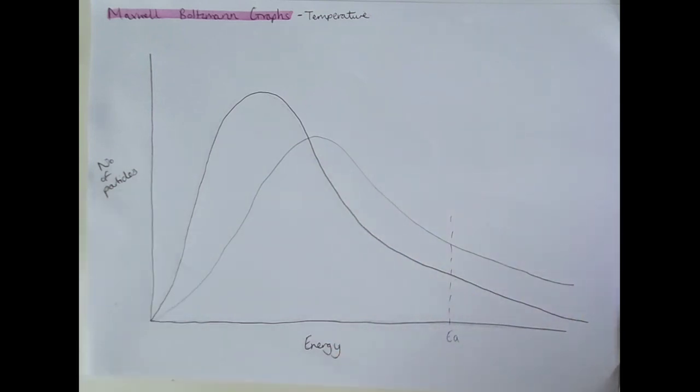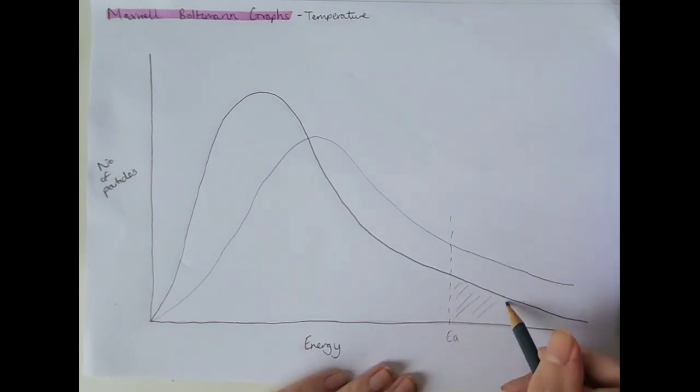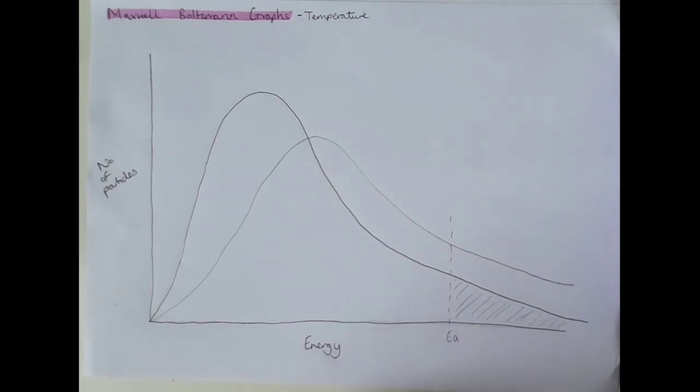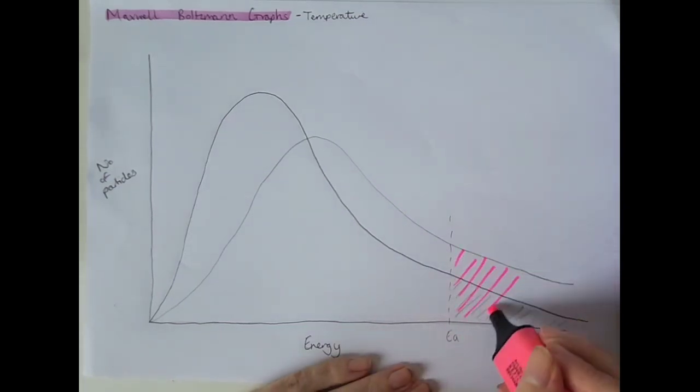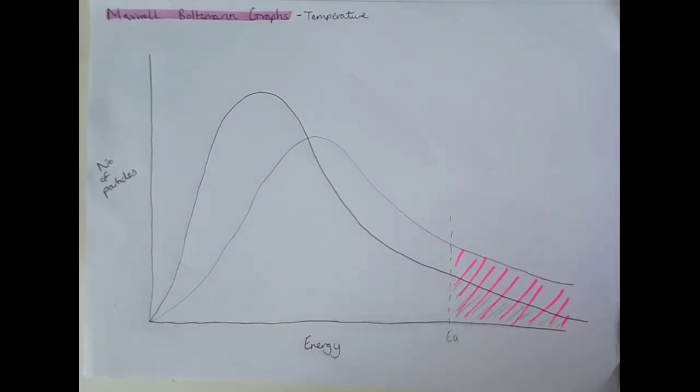Now obviously it's very hard to do in a sketch graph, but try and keep it roughly the same. So you can see the difference here that we've made. Originally these many particles were over the activation energy. Now we've increased the temperature, we've gone down to the right, and we have far more particles over the activation energy available for the reaction when they collide.